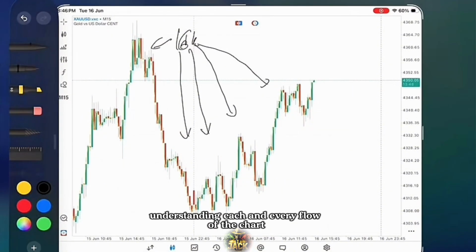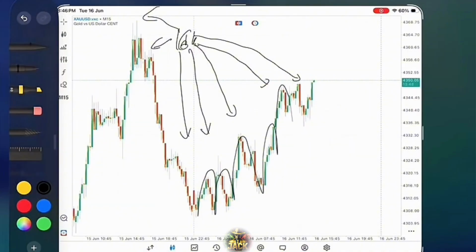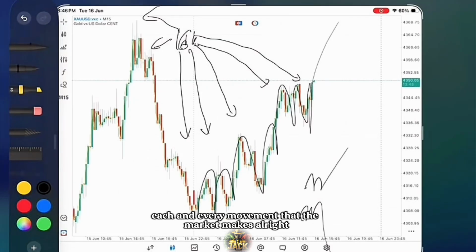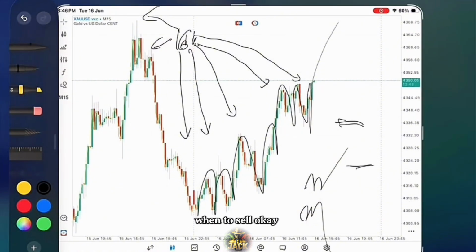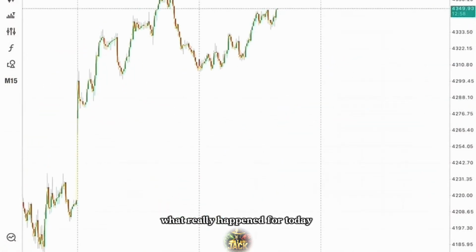Understanding each and every flow of the chart, each and every flow of the movement. If you understand each and every move that the market makes, you will know when to buy, when to sell. I'll give you a quick analysis for today. What really happened for today?